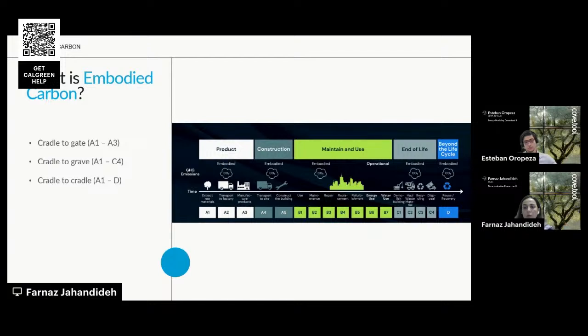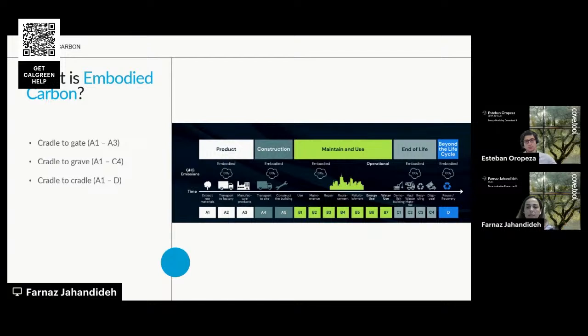So, focusing on embodied, you may have seen this chart. Here we will find the carbon in the construction process. This cradle to gate scope looks at the product stage, which we call A1 to A3, as you can see in the chart. And this is the scope you will look at for the prescriptive pathway.